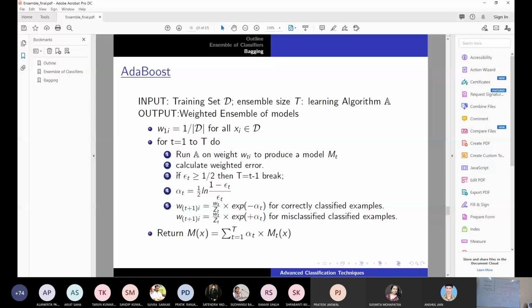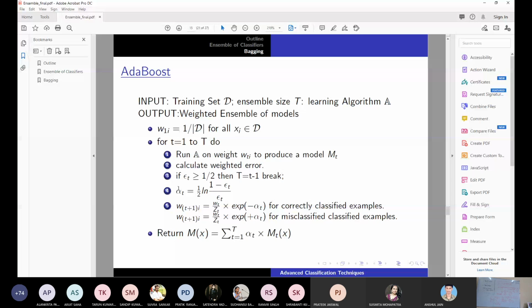If it is not the case, then you compute this alpha_t. You know the error rate, everything you know, so you can compute alpha_t. That is the model confidence or model weight, not the sample weight. Now for the sample weight, for a correctly classified sample, it will be the old weight multiplied by the normalization factor and the value of alpha_t. For the correctly classified sample, the weight will be lesser than the misclassified sample.